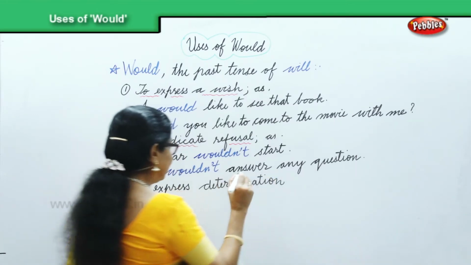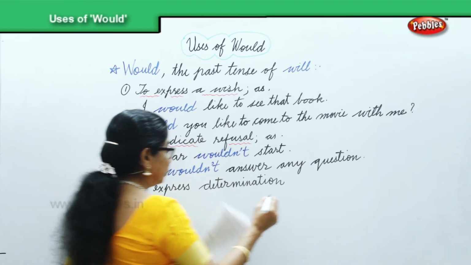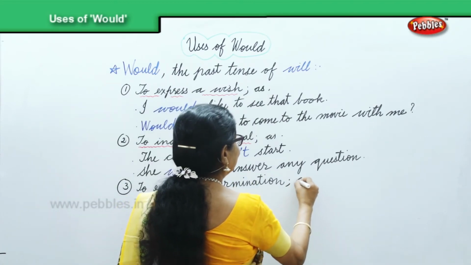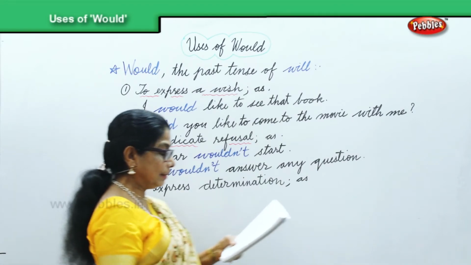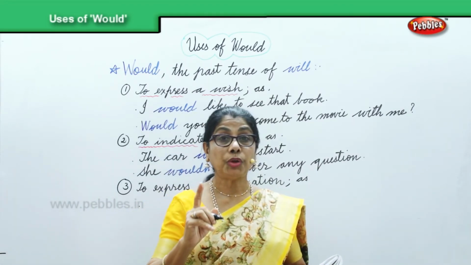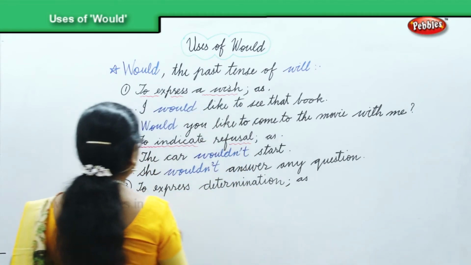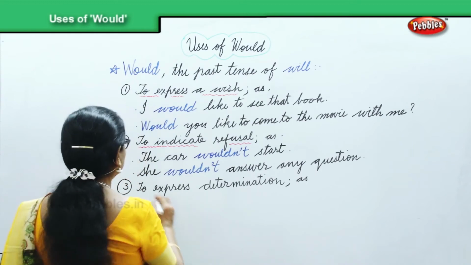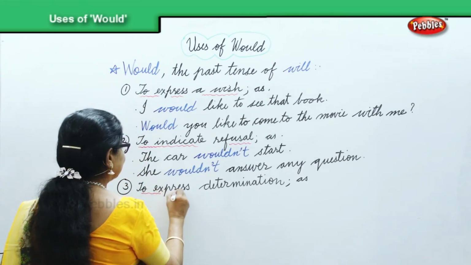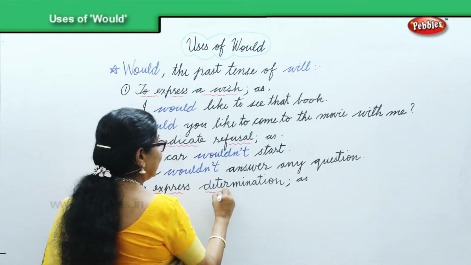To express determination, as you see in this sentence. What is it? He would not lie. That is expressing determination.